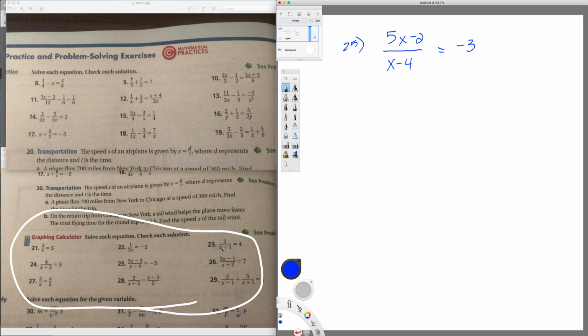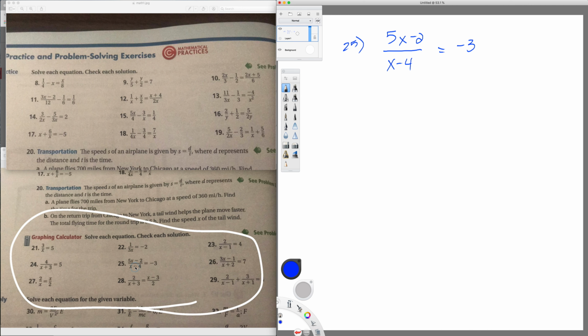So like if we got x equals 1 on number 23, we didn't. But if we did, x equals 1 can't be right because 1 minus 1 will give you a 0 in the denominator. So if we had gotten -3 on number 24, that would not have been a correct solution, because -3 plus 3 would give you a 0 in a denominator.